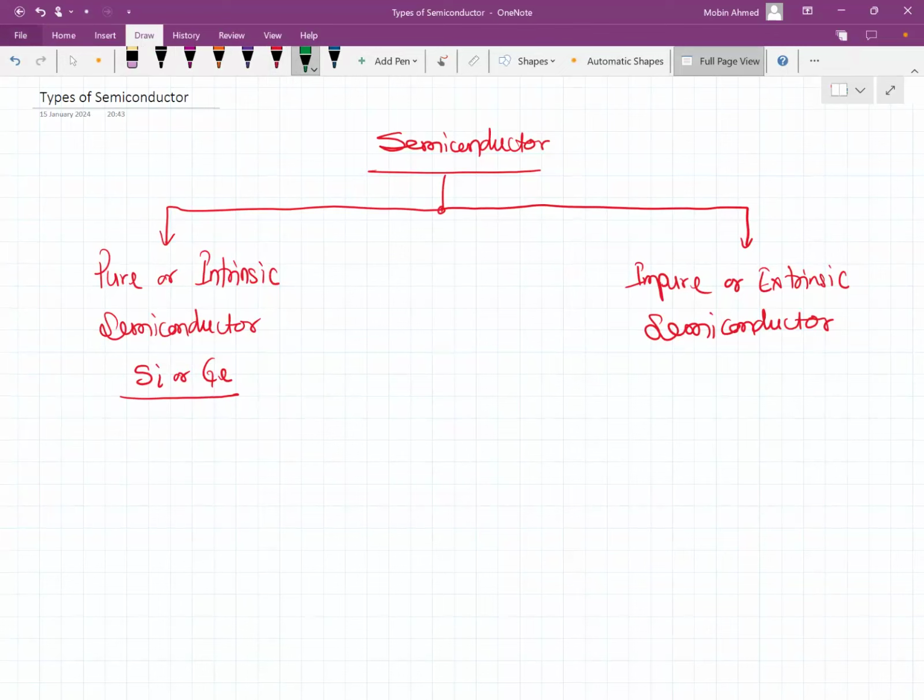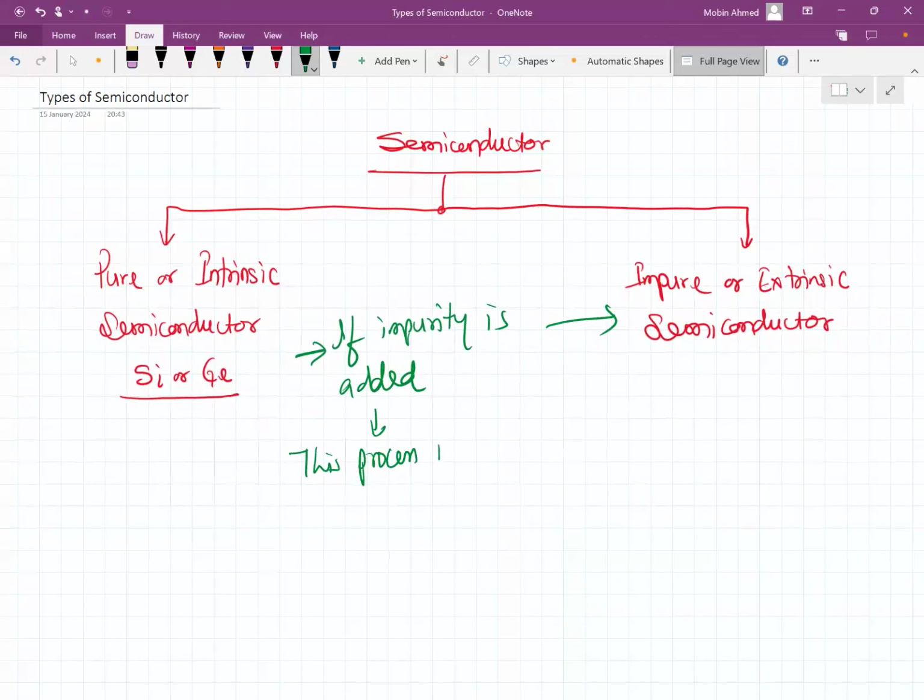So in a semiconductor, silicon or germanium, if impurity is added, it becomes an impure semiconductor. This process is known as doping.